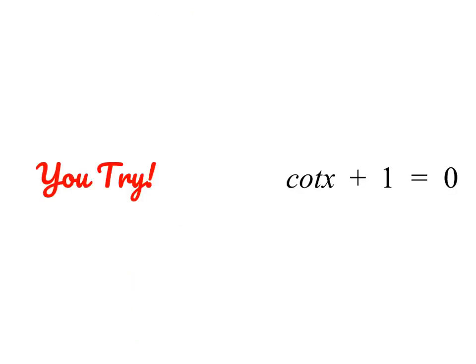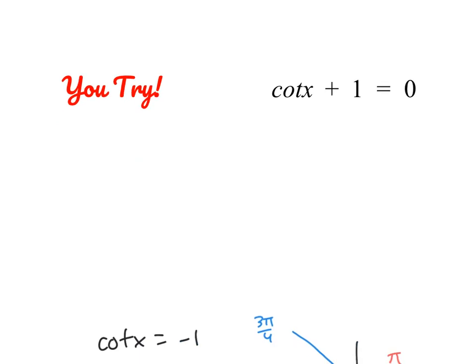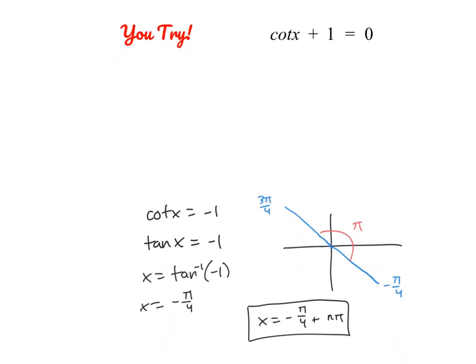Okay, go ahead and pause the video again, and now give this one a try. Okay, let's check here. So the first thing I'm going to do after I isolate cotangent is rewrite it using my reciprocal function. So the reciprocal of -1 is -1, so it doesn't look like it changed, but it is. I just used the reciprocal of both.